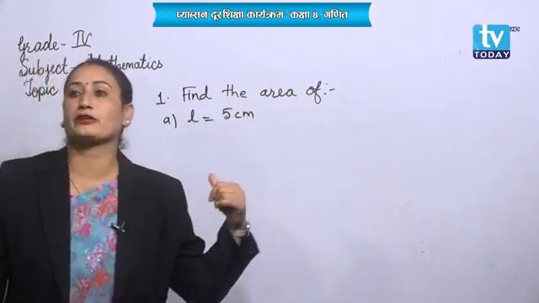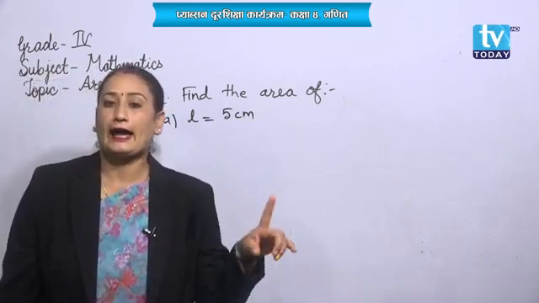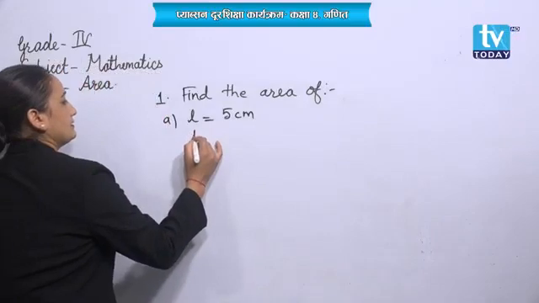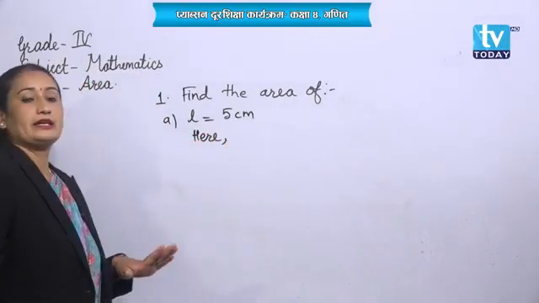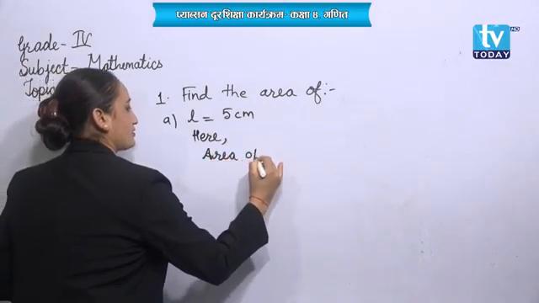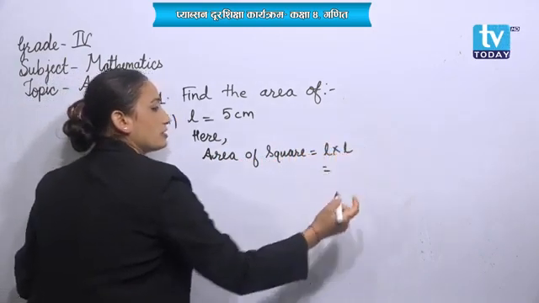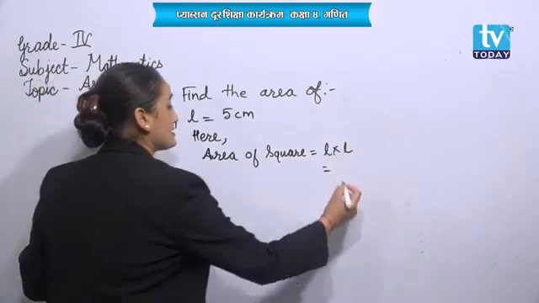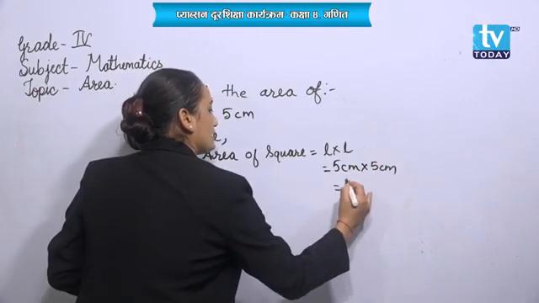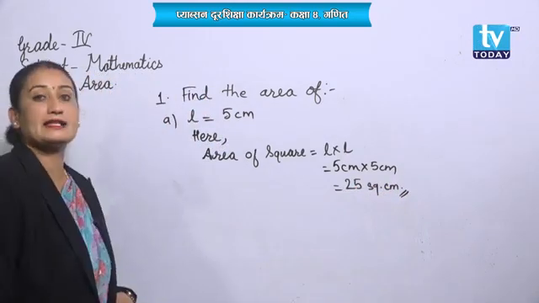Student, you must know that if a single unit is given, L equals 5 cm, then you can write the area of a square equals L into L. You can use your formula and find the answer. L into L means 5 cm into 5 cm is 25 square centimeters. This will be your answer.